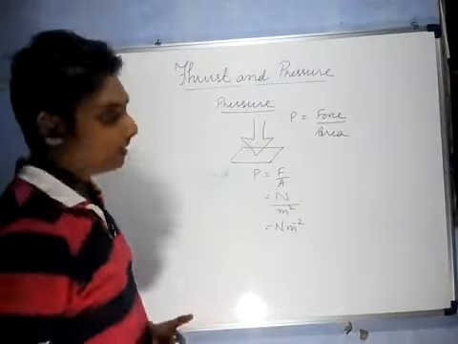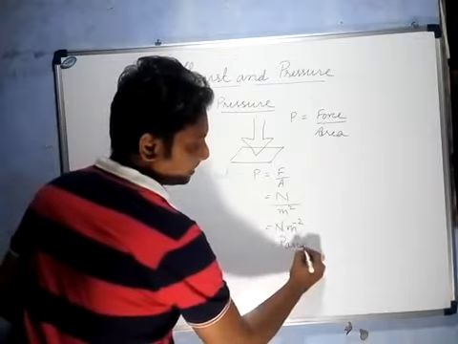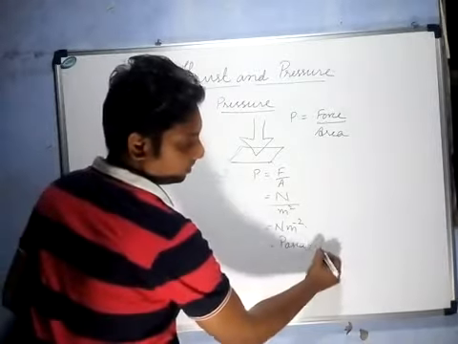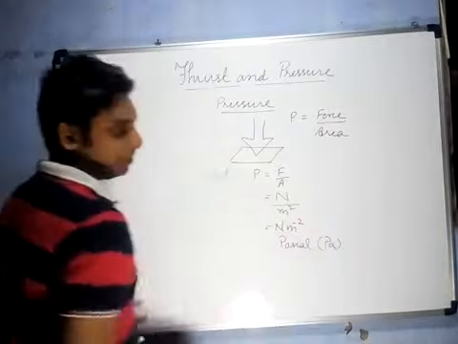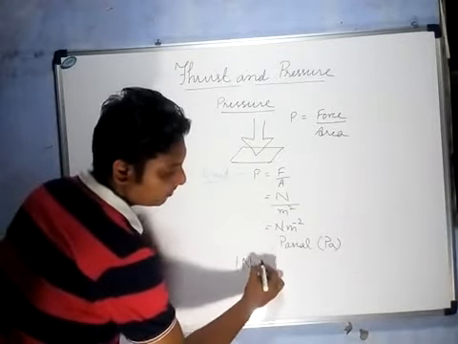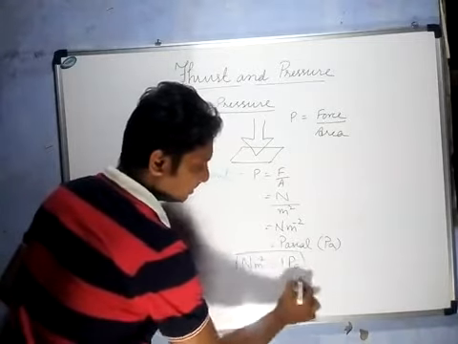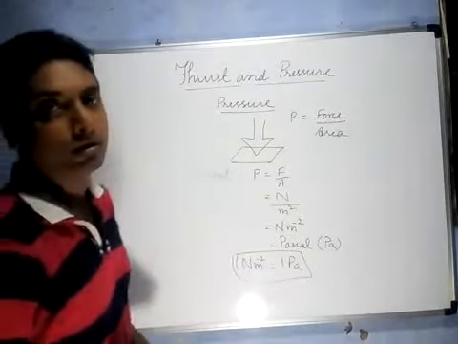Instead of writing this, we can also write Pascal, or in short Pa, because 1 Newton per meter square is equal to 1 Pascal. We should know this.